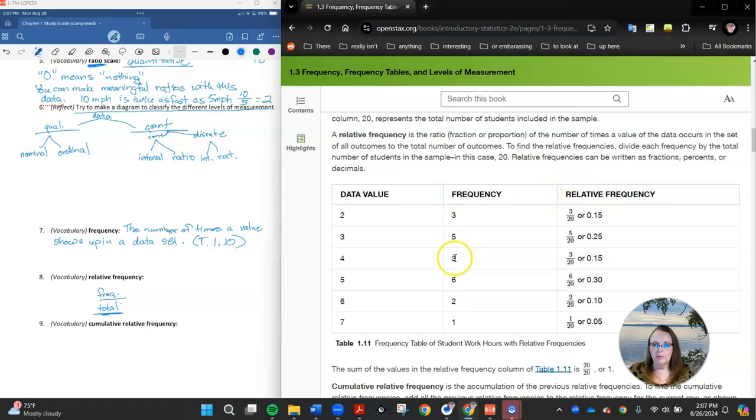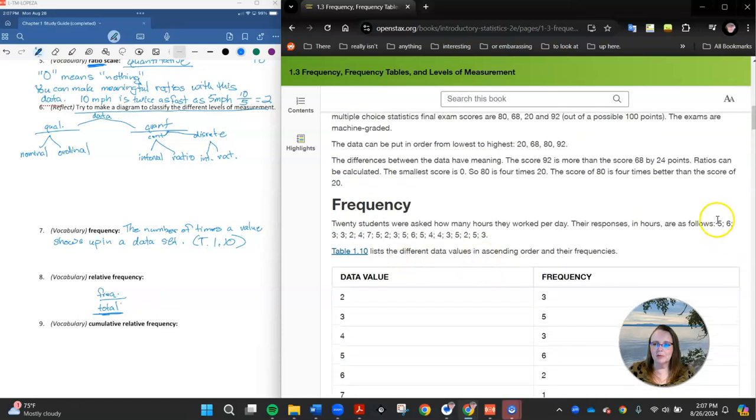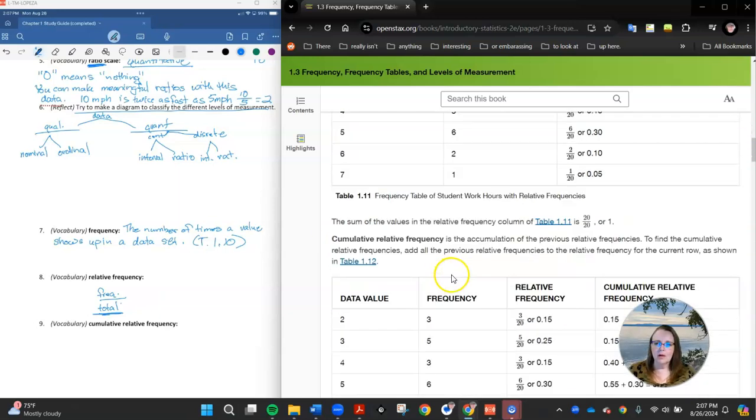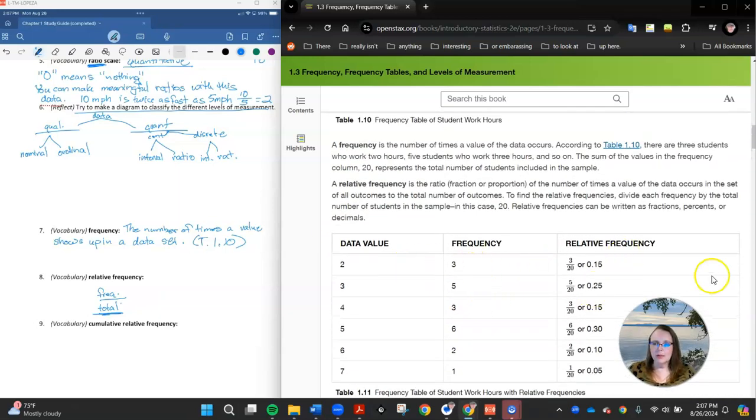That's 3 plus 5 plus 3 plus 6 plus 2 plus 1, which is 20. Or you could go back and count how many numbers there were in the list. 1, 2, 3, 4, there's 20 of them there. But your relative frequency is going to be the frequency divided by the total. And you can leave those as fractions if you want.